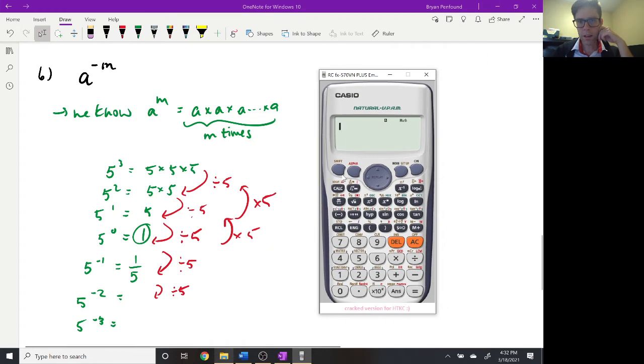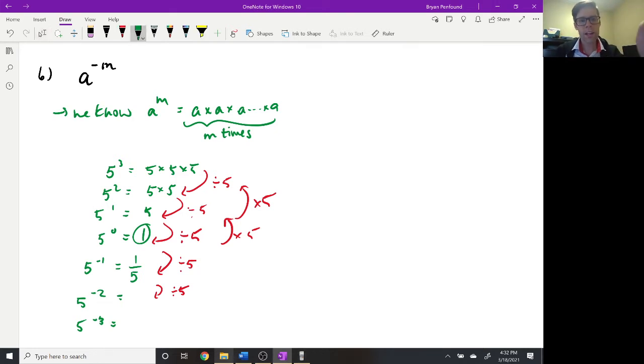So I'm just going to pop up the calculator. I'm going to throw in a fraction of 1/5. And then I'm going to tell the calculator to divide this by 5. I want to continue the pattern of division by 5. And I get 1/25. And hopefully that's not a super surprising thing to see.